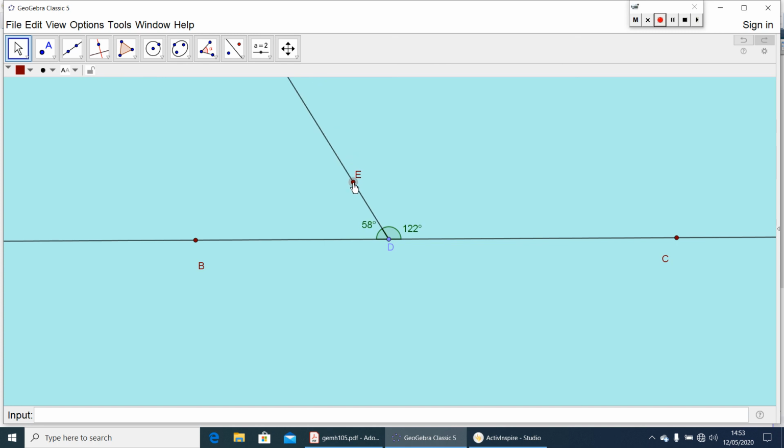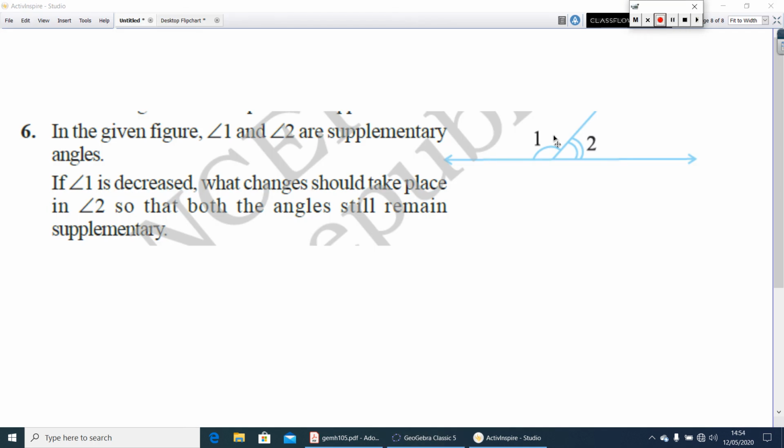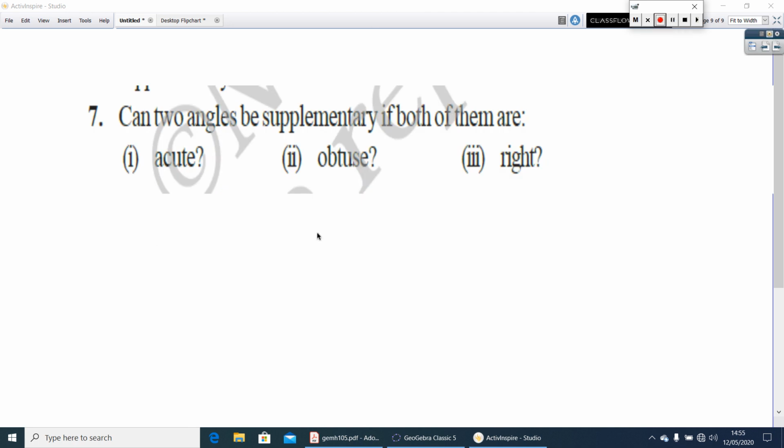So from our figure, if angle 1 is decreasing, angle 2 is increasing. So you have to write angle 2 will increase.